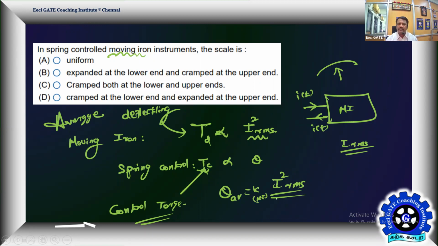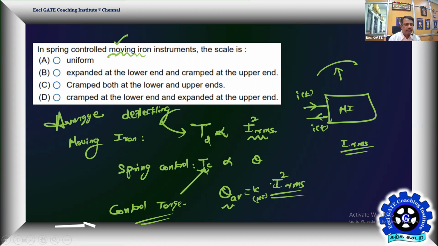That's exactly the deflection of your moving iron instrument. That means there exists a square law connection between the angular deflection of the pointer and the current passing through the moving iron instrument. Either attraction type or repulsion type, it's the same logic.